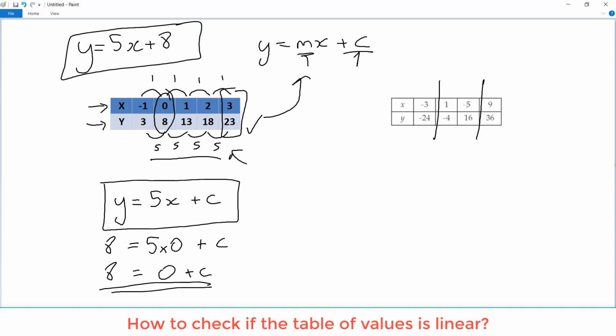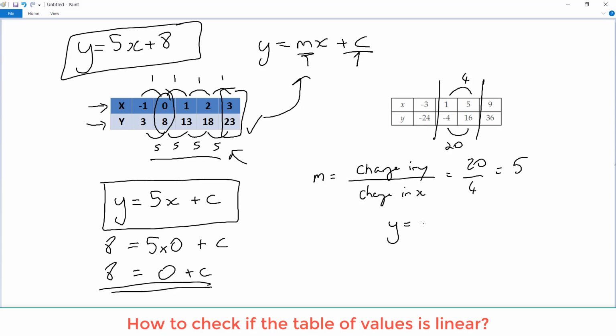So the change in x on the top here is 4, and the change in y on the bottom here is 20. So if we find the change in y and divide by the change in x, we get 5.